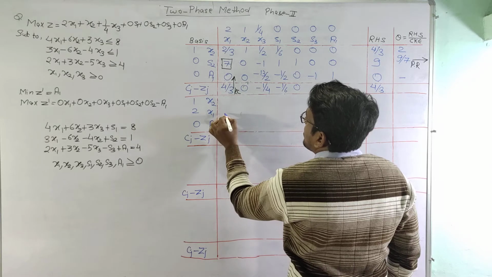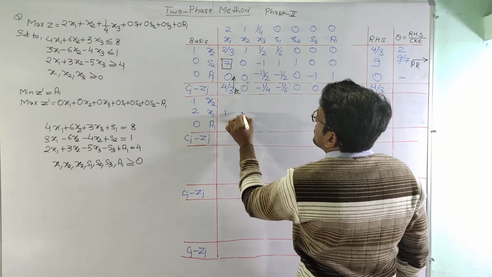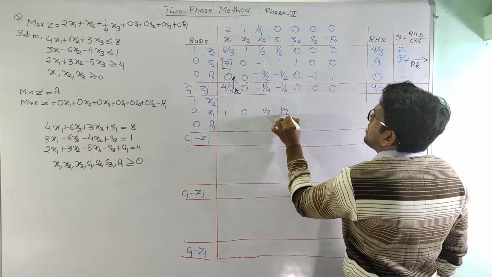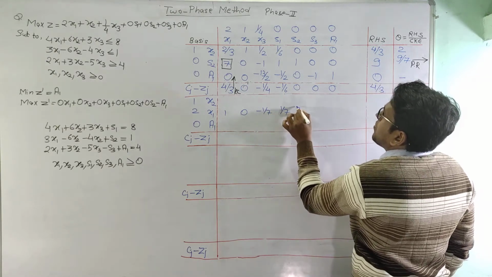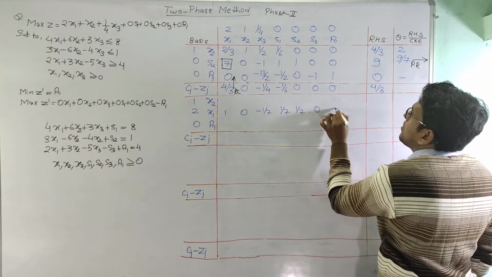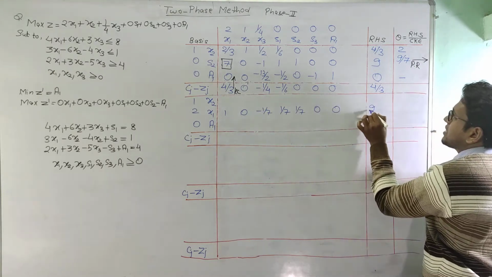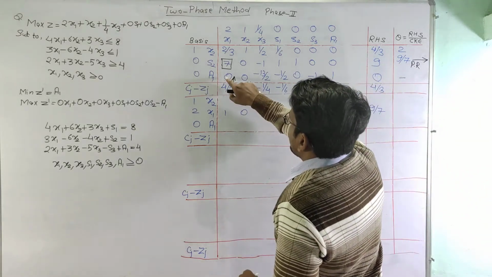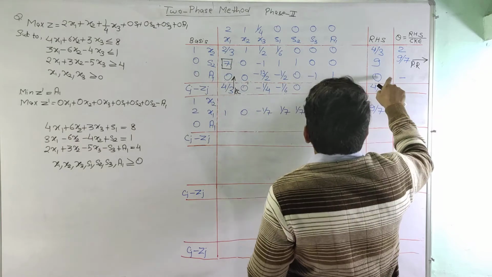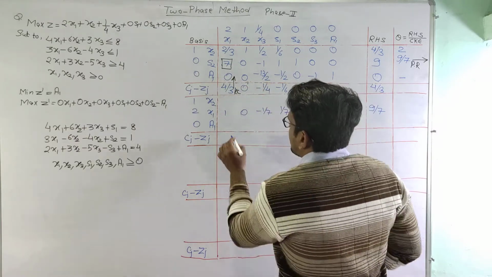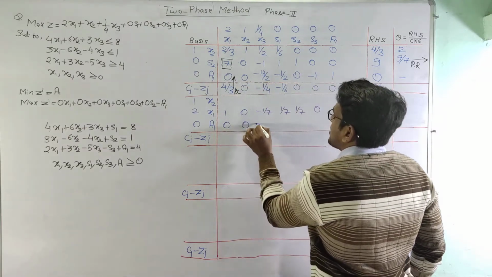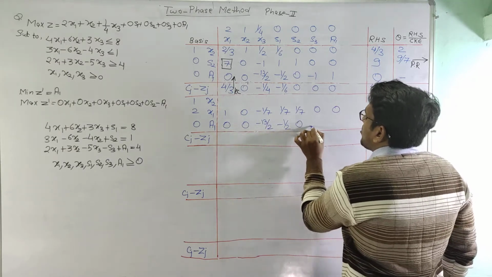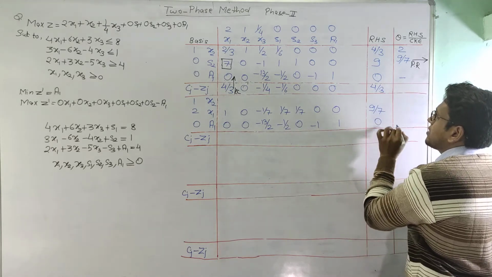So this will be 1, this will be 0, this is minus 1/7, this is 1/7, this is 1/7, this is 0, 0, and this is 9/7. Okay, now as this is already 0, I will write the equation as it is. That means 0, 0, minus 13/2, minus 1/2, 0, minus 1, 1 and 0.